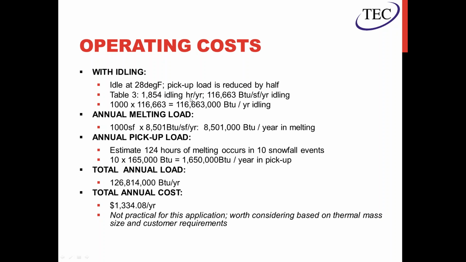If we were idling the entire season, we'd be adding quite a huge load to our yearly load. As you can see, we'd be looking at 116 million BTUs per year in idling costs.